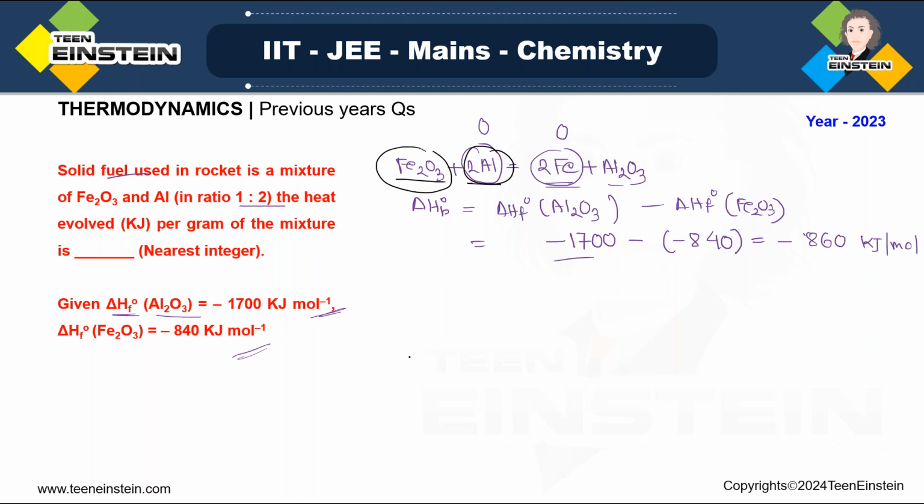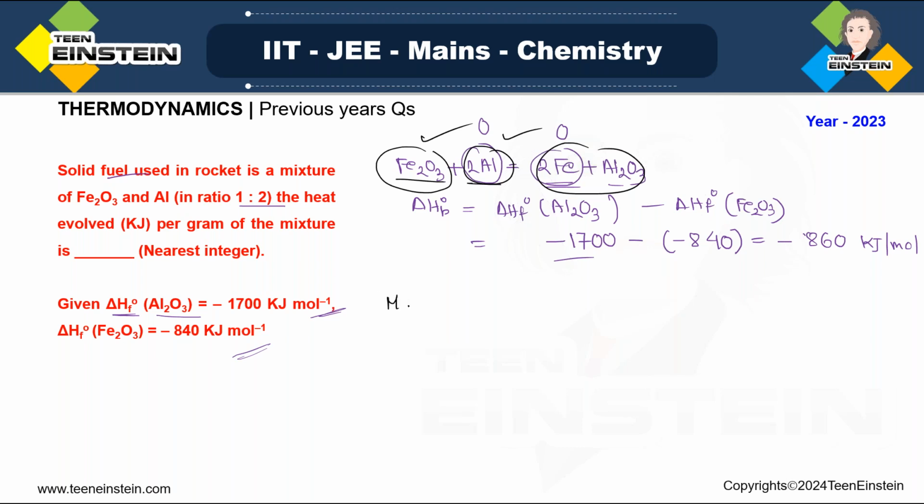When we talk about the mixture, that is where you started, so you have only Fe2O3 and Al. There is no question of Fe or Al2O3 because these two are on the product side. We are interested only in these two that are present in the mixture, not the ones present after the reaction is over.